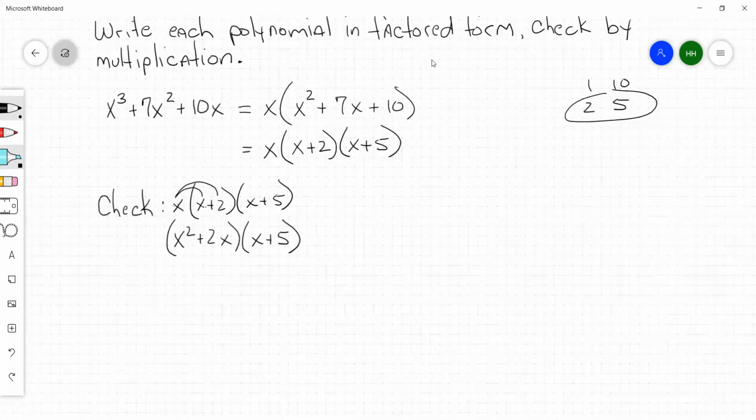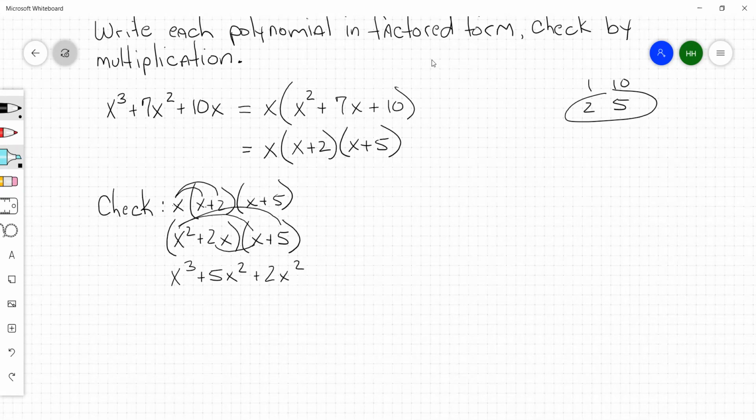So that check would be x squared times x, which is x to the third, x squared times 5, which would be positive 5x squared. Then we've got this 2x times x, 2x squared. And then we've got the 2x times the 5, which would be positive 10x.